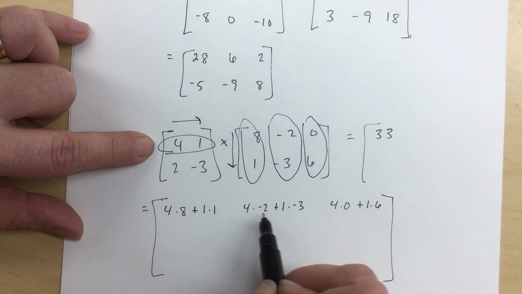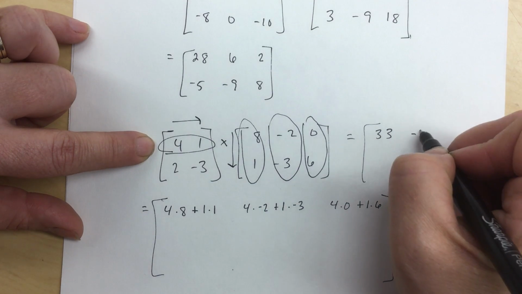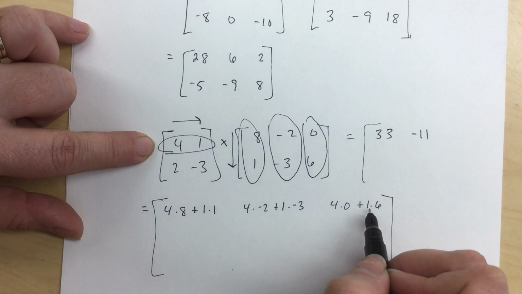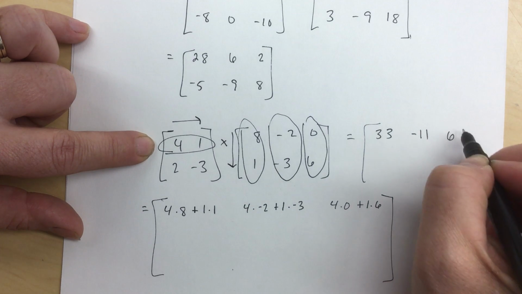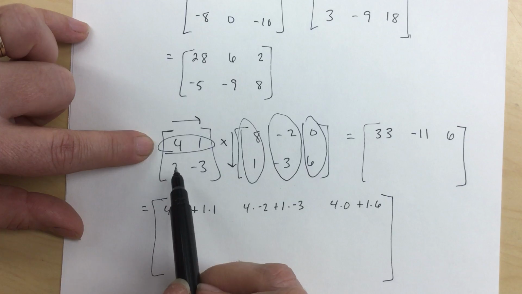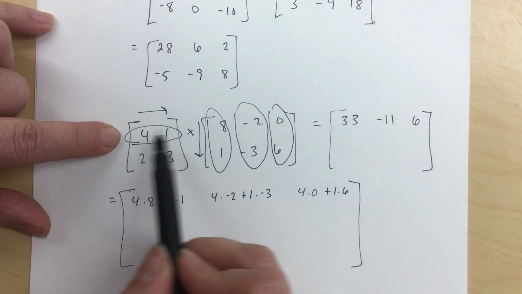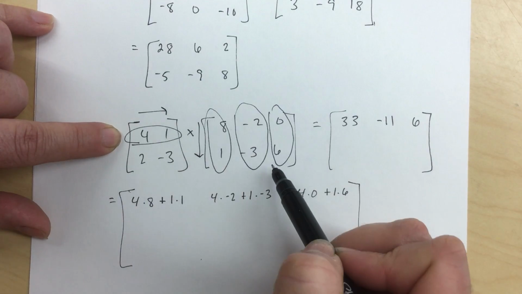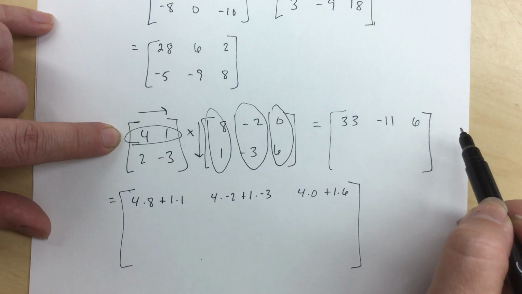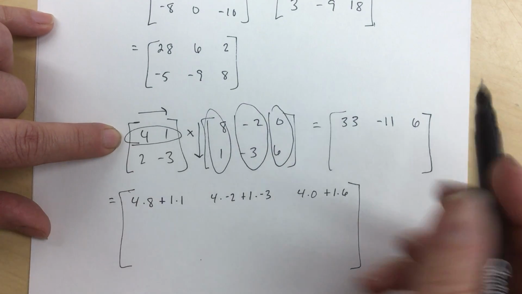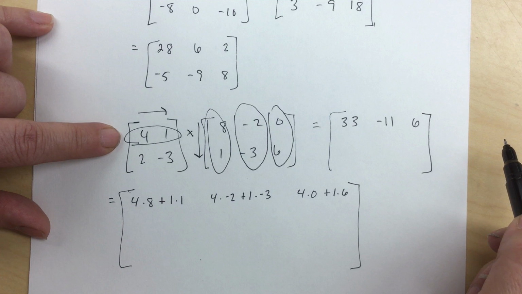So negative 8 plus negative 3 is negative 11. 0 plus 6 is 6. Now notice that I used this top row with all my columns, and that gave me the top row of my answer. When you use the top row, you get the top row.